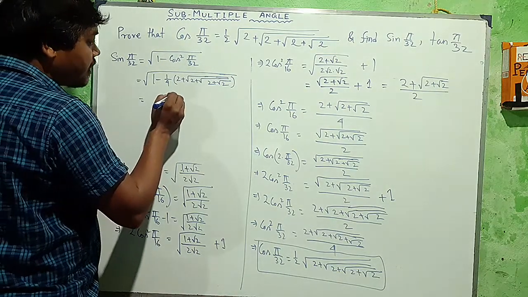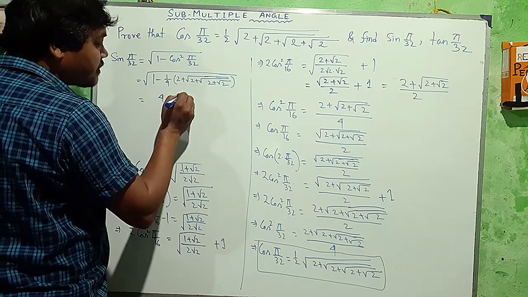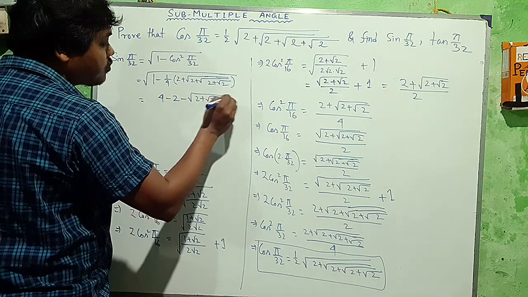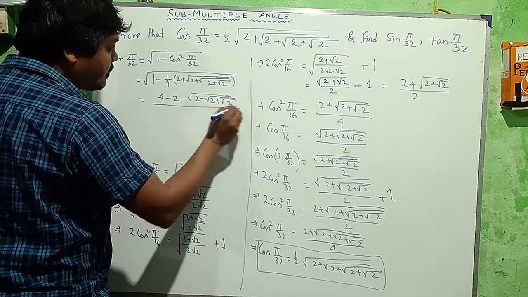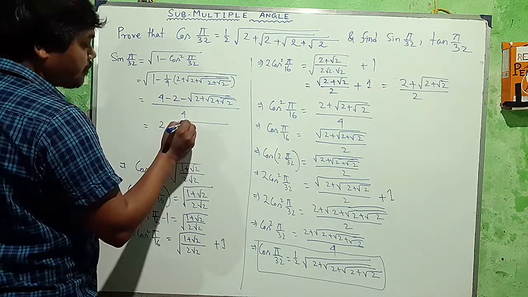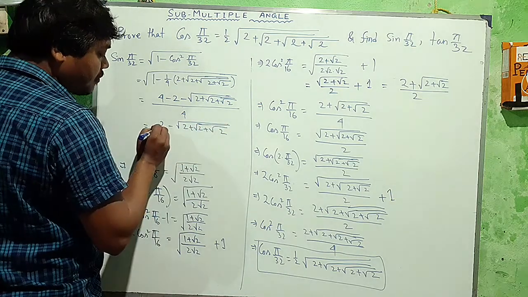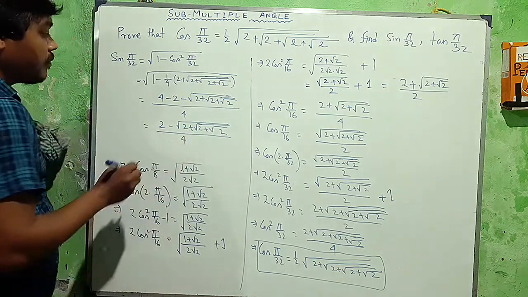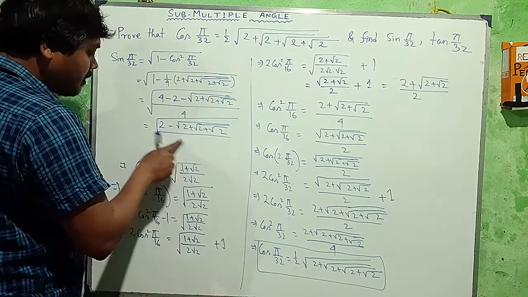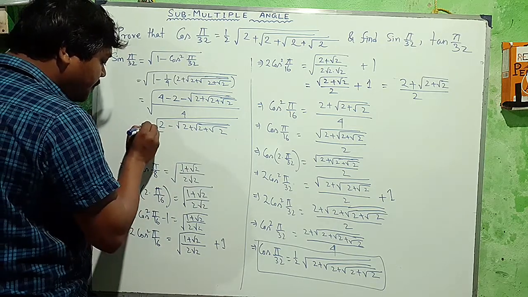4 minus 2, okay, 4 minus 2 minus square root of 2 plus root 2 plus root 2 by 4. So that gives 2 minus square root of 2 plus root 2 plus root 2 by 4, all square root, and if I take this 4 outside the square root, we will get half.